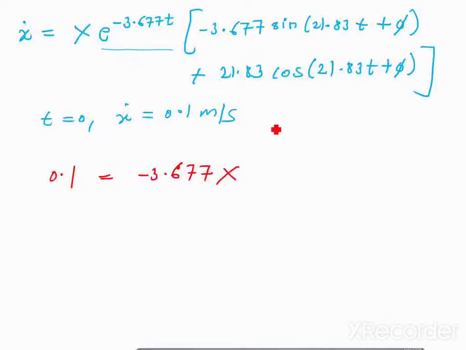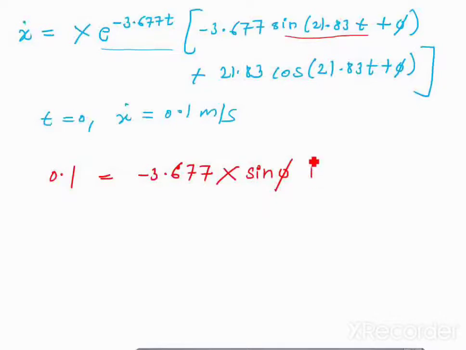Then sine 0, because t is equal to 0, sine 0 is 0, so minus 3.677 as it is, sine 0 is 0, plus sine phi. So I am getting x into sine phi. You can understand.